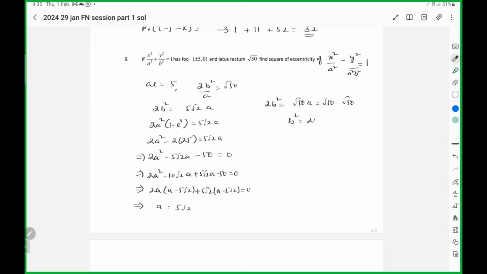B square becomes 25. For the hyperbola, eccentricity is root of 1 plus b square by a square, which is 1 plus 25 by 25. Square of eccentricity means root 26.